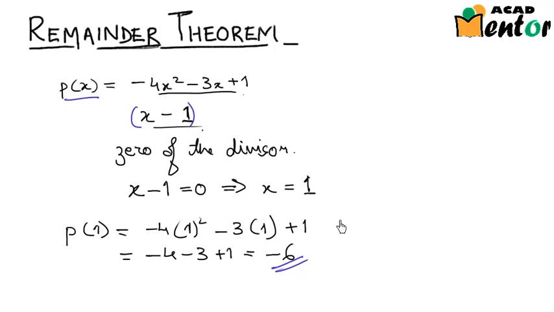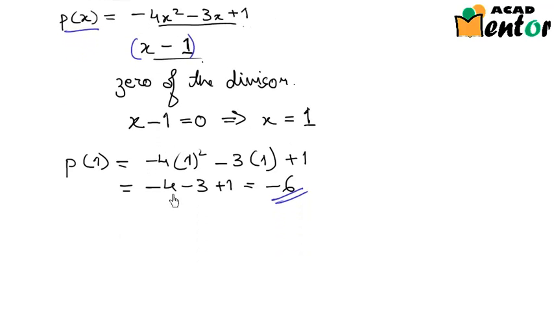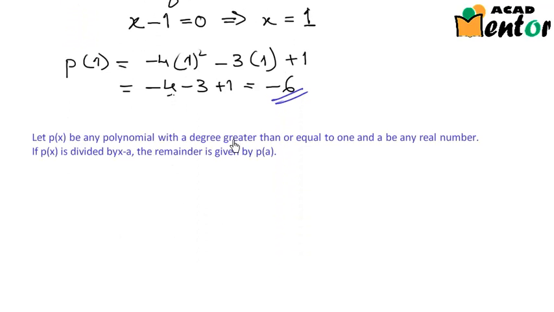Now the remainder theorem is just for this. When you have to divide a polynomial with a degree greater than or equal to 1 by another linear polynomial of the form x minus a, and we have to find the remainder, it's given by p of a. Let me just write it down for you. So here is what the remainder theorem has to say.